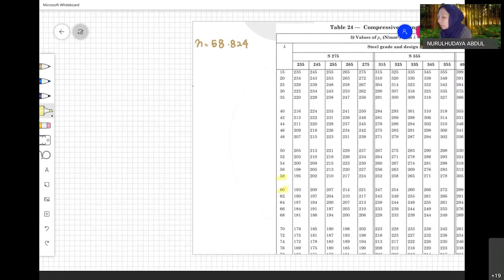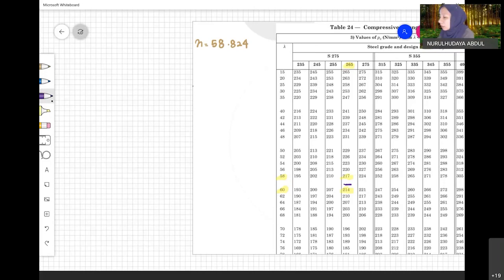So 58 dengan 60 here. And then also, kita tengok pada PY which is 265. So 265, tengok at the same row and column here, 217 and 214. So this is the value that we want. Maksudnya value you akan jadi in between this one lah. Berapa value dia, antara 214 ke 217.